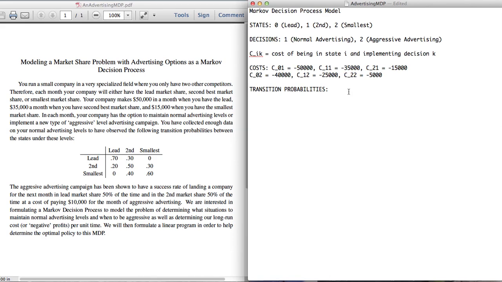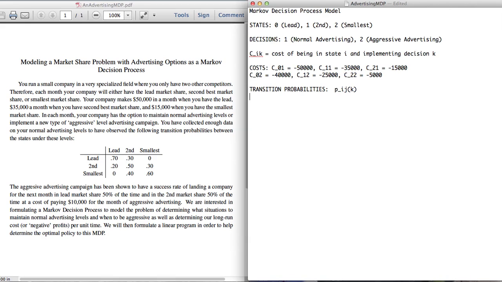So now we need to look at our transition probabilities. We're looking at P of i,j under decision k, the probability of being in state i and transitioning to state j under decision k. That's what we're really interested in obtaining. Luckily for us, these P's are pretty straightforward in this case.